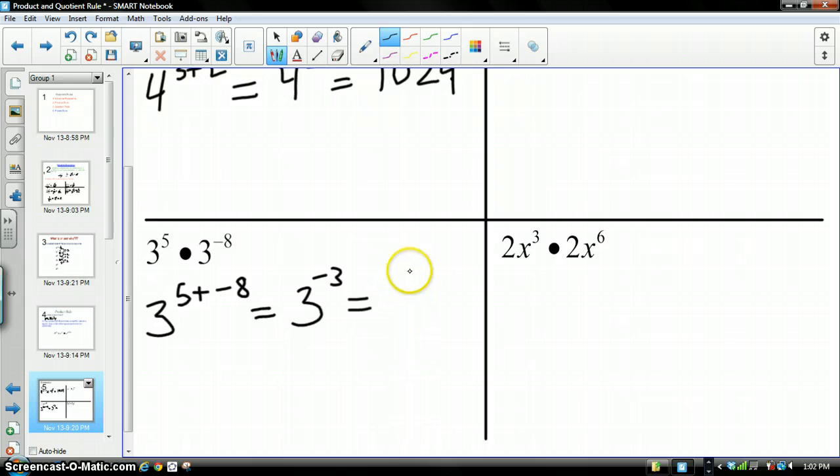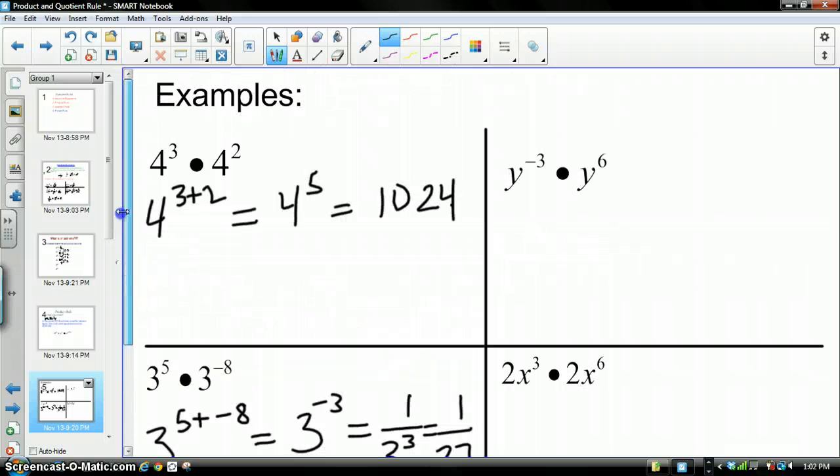So this becomes 1 over 3 to the 3rd, which equals 1 over 27. Our base here is y, so we need to take y to the negative 3 plus 6. Remember, product rule, we need to add our exponents. And this becomes y to the third.